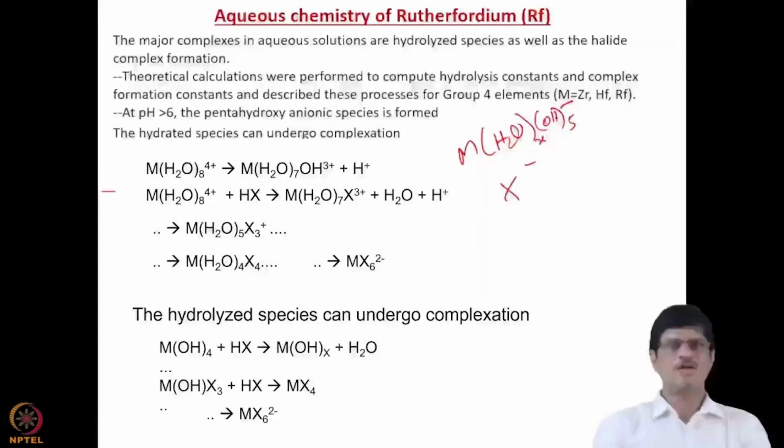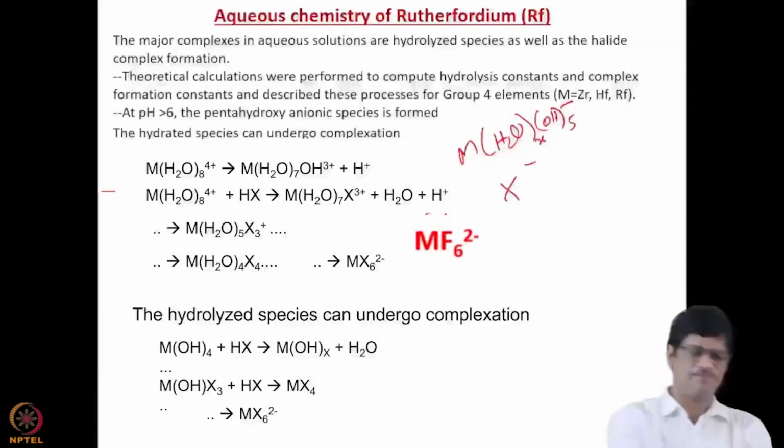So an example of this type of complexation is MF6 2 minus. So that is the fluoride complexes of zirconium, hafnium or rutherfordium. This forms species like MF6 2 minus, and the hydrolyzed species also can form complexes like I have mentioned here.